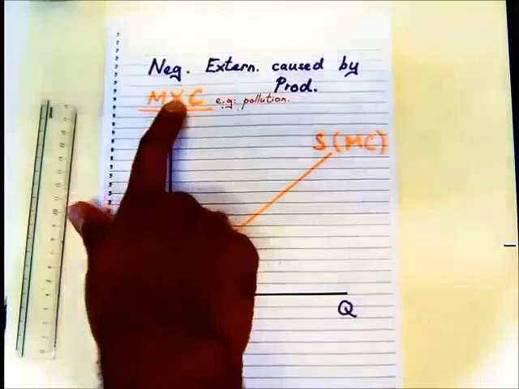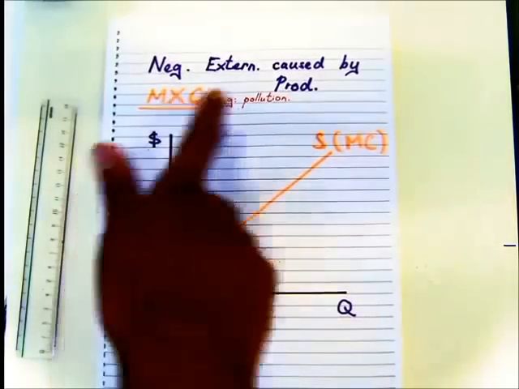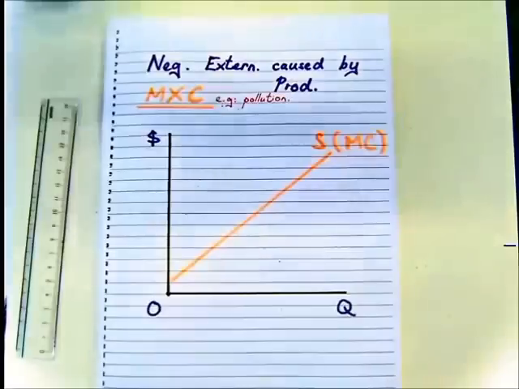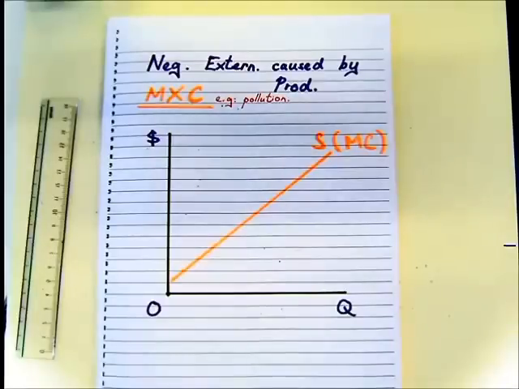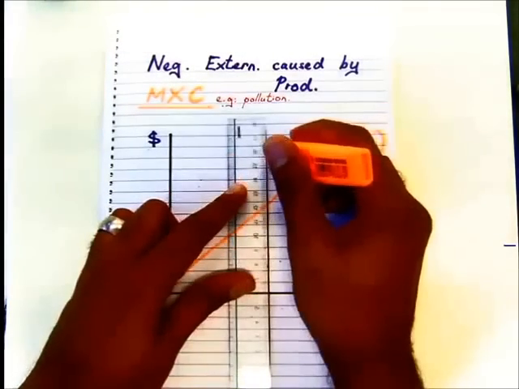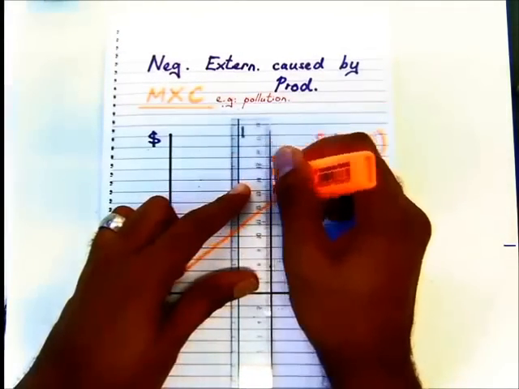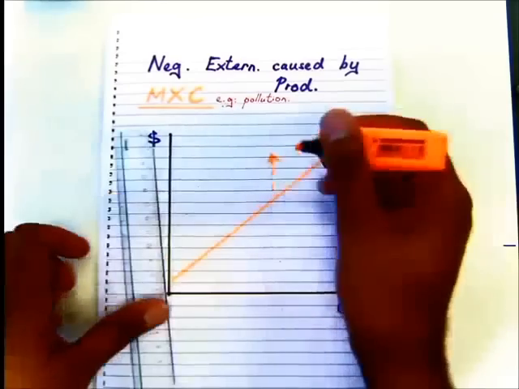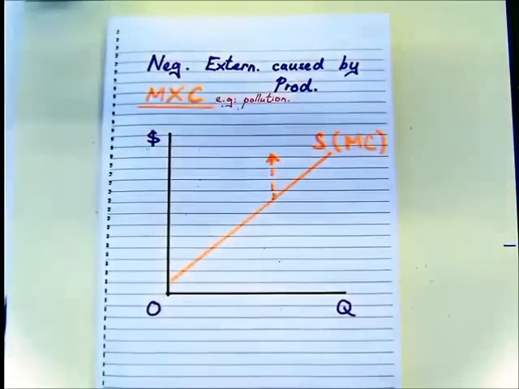So if we add an external cost to the marginal cost, what will happen to the marginal cost? If we're adding another cost in, the marginal cost will increase. So this marginal cost curve should in fact be higher than what it currently is.